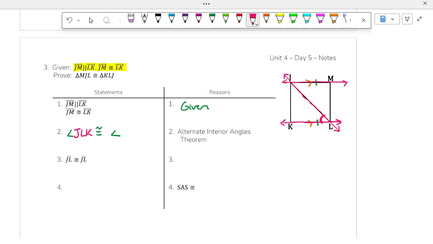Not J. Remember, the vertex is always the center. So just go around a circle. LJM. So we just said that those two angles are congruent to each other because they're alternate interior angles, and I'm going to mark them just so I know.